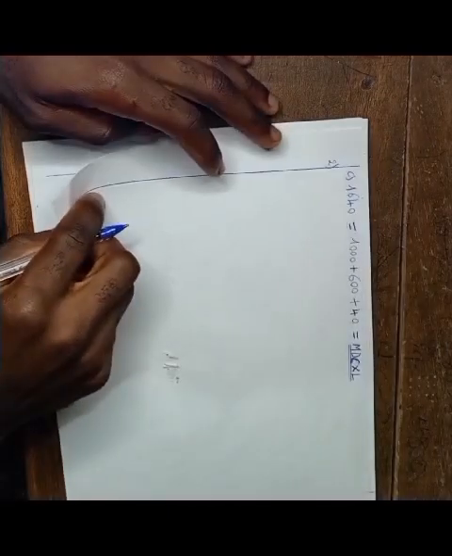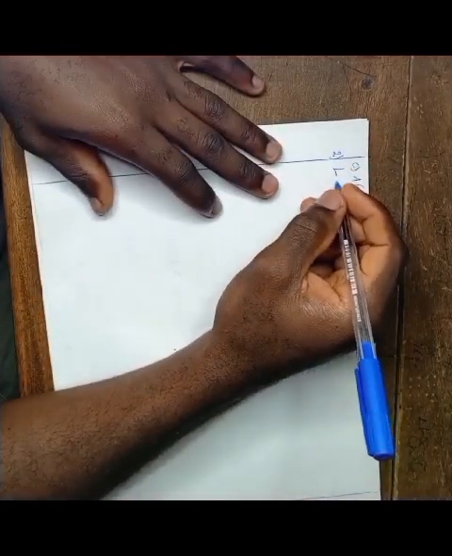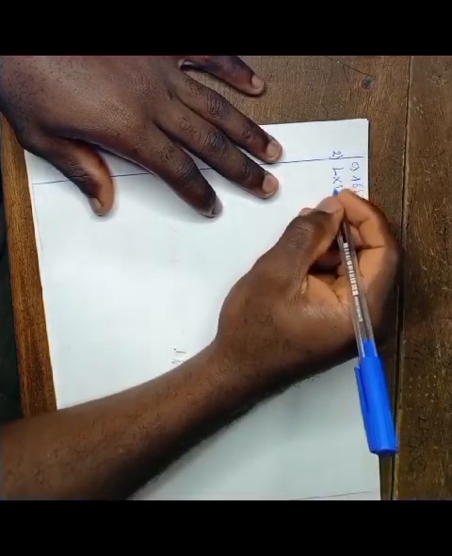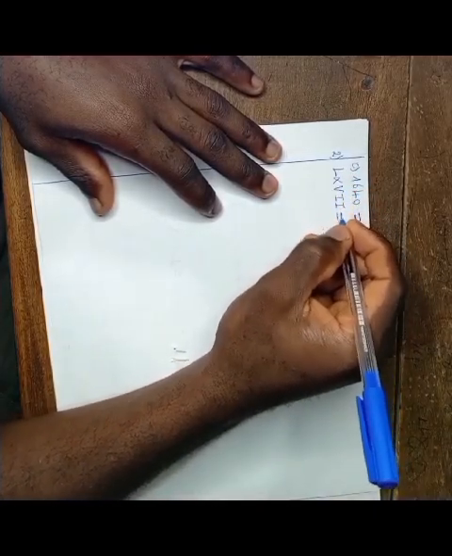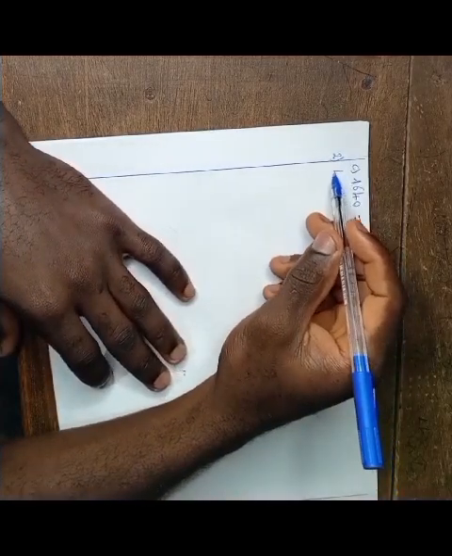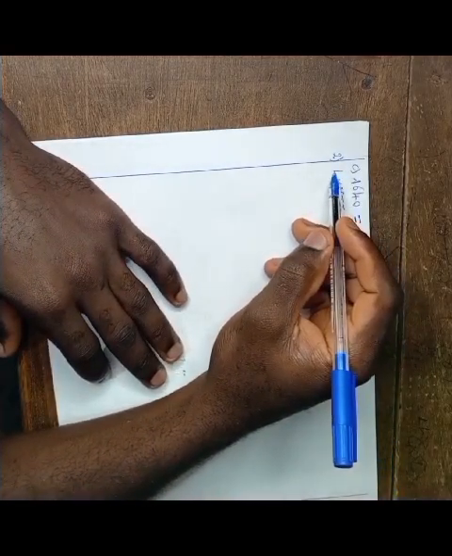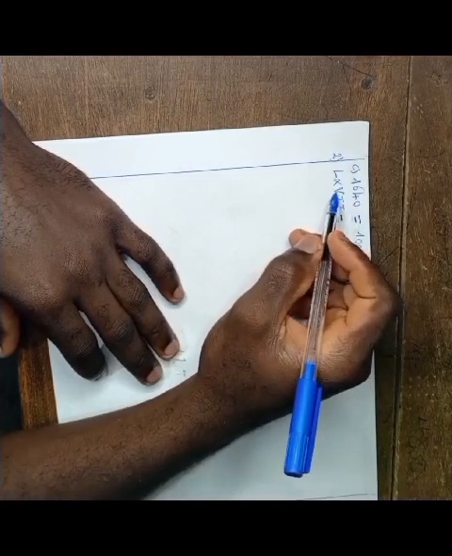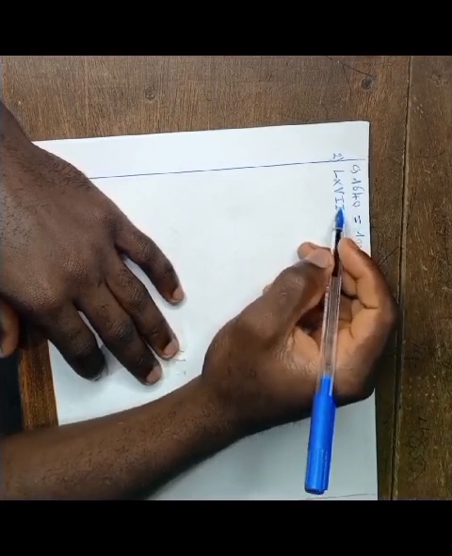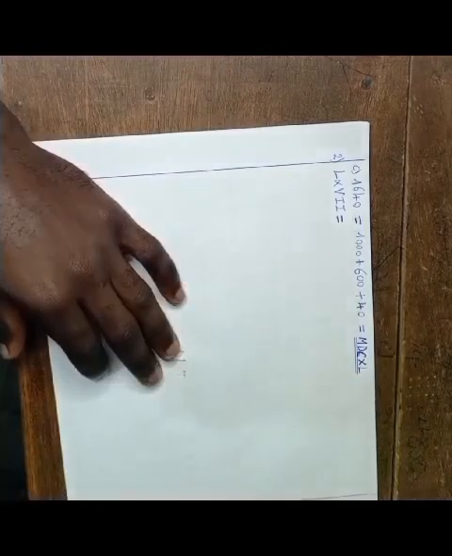The first one, A, we have L, X, V, I, I. So this will be equal to, we know L is a larger symbol than X, X is a larger symbol than V, V is a larger symbol than I. So in this case, we are simply adding everything.